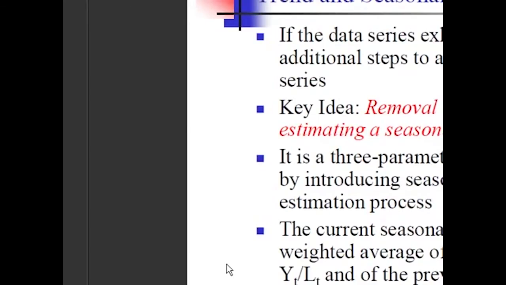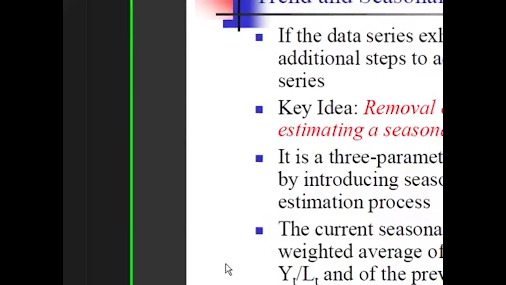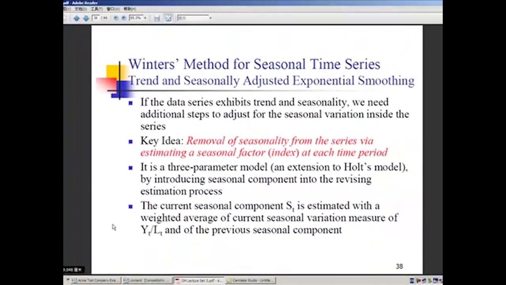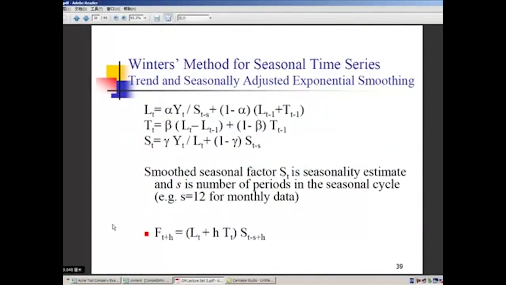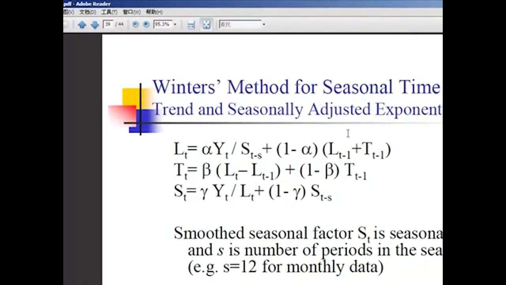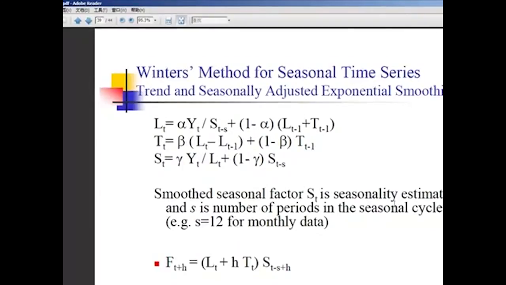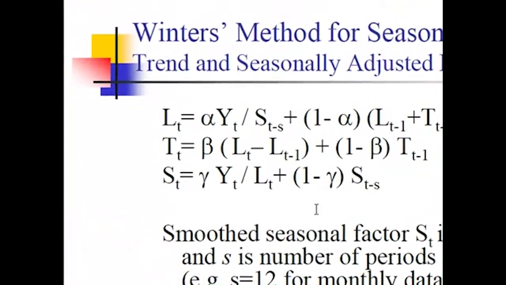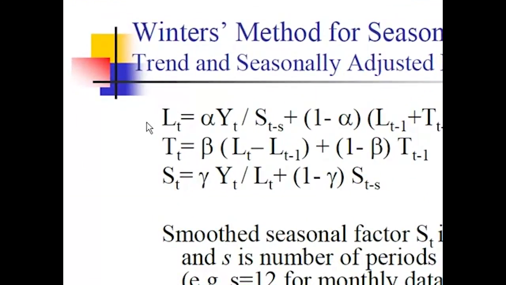So we will use the Winters method, or more specifically, some statisticians like to call it the trend and seasonal adjusted exponential smoothing model. We simply call it the Winters model. This is the model here. It contains 3 equations, the systematic equations. So use these equations, use this model.